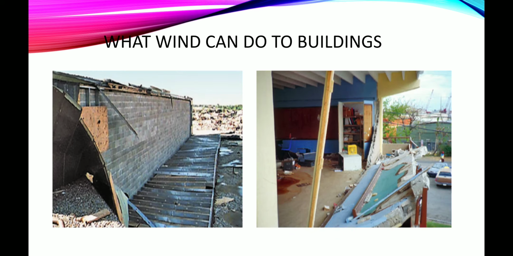And here are some pictures demonstrating what wind can do to buildings. In the picture on the left, the metal wall covering was applied to plywood over metal studs, and here you can see the metal stud wall collapsed. And in the picture on the right, the wall seems to be unreinforced, and this caused it to collapse.